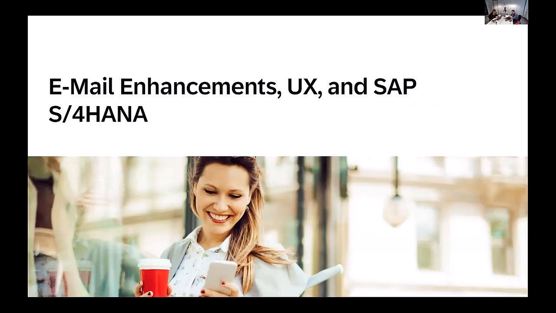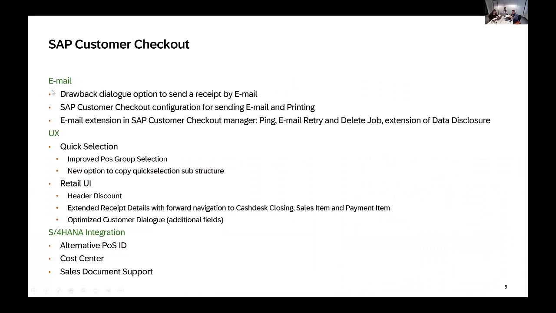Now let's start. I will take over the topics in the area of sending emails. I will show you the UX improvements that we did, and also what we have done in the back office, in the SAP Customer Checkout Manager. Then I will focus on UX improvements in the back office regarding handling of quick selections, and also in the retail UI.